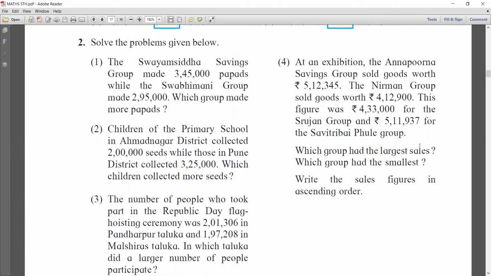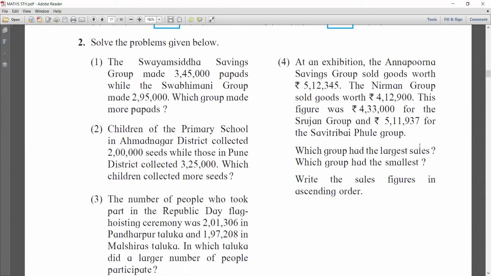The Swayam Siddha Savings Group made 3,45,000 papads, while the Swabhimani Group made 2,95,000. Which group made more papads?